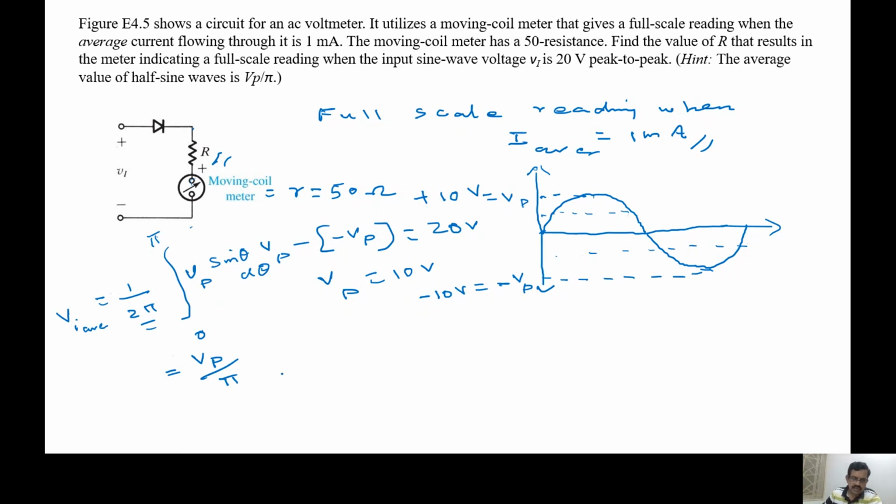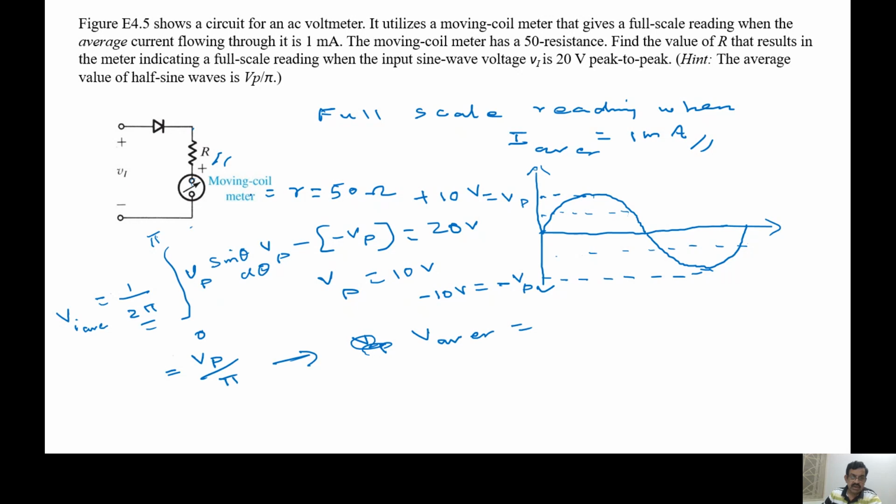Now, keeping this, given Vp equal to 10 volt, we can find V average. As I told you, we have to use only average values. To apply the KVL when the diode is shorted under forward bias, I need to use the average value of the potential across this.